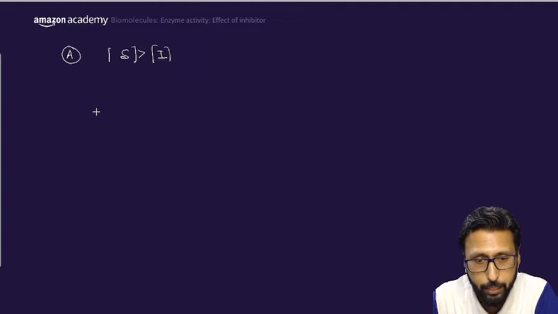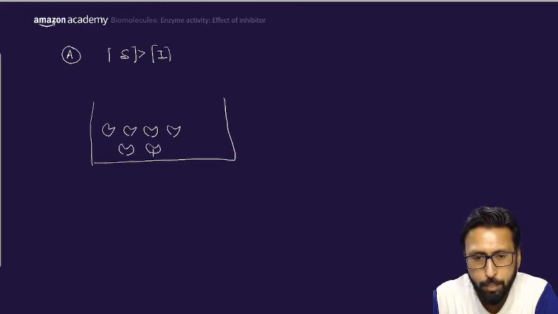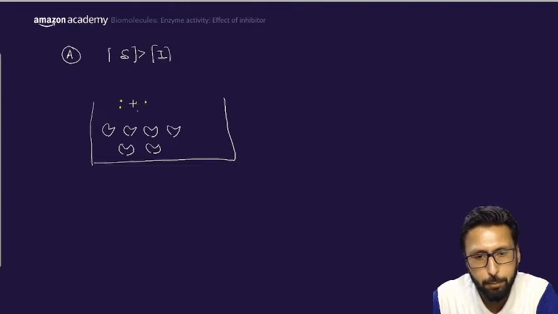the inhibitor, okay. Suppose we have this container, and we have the enzymes here and they have the active site like this, and we have a number of enzymes, and then we have the substrate molecules. Suppose these are the substrate molecules, they normally bind with the enzyme.